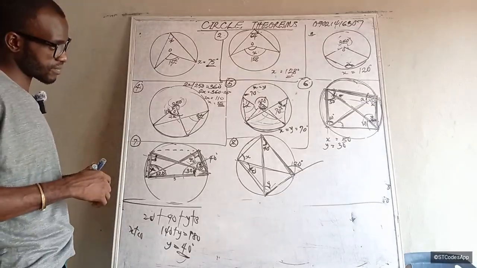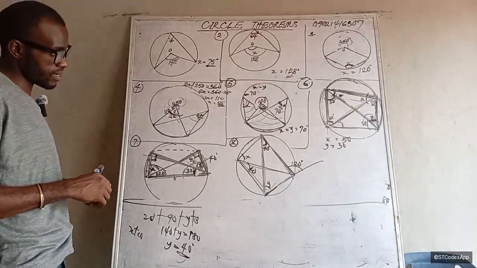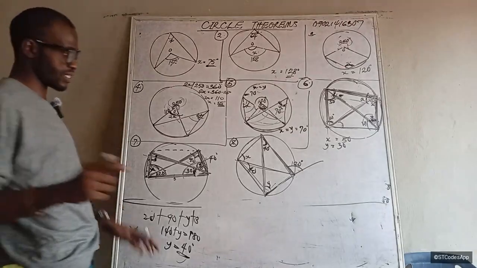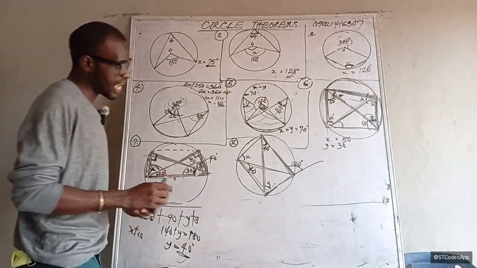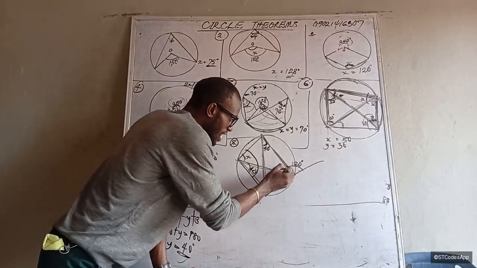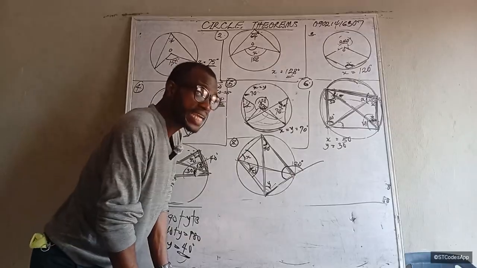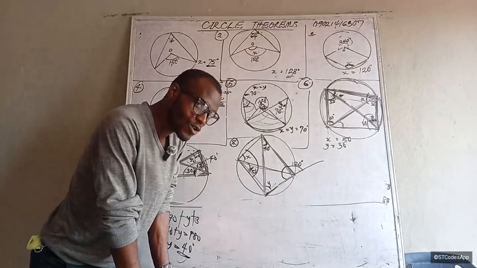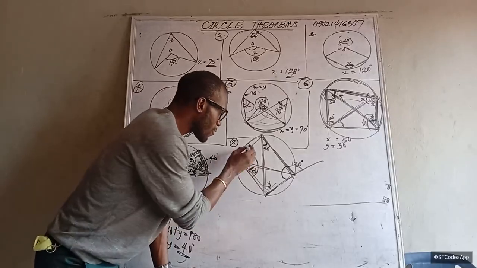Now, if that side is 40, watch. I know that in a cyclic quadrilateral, this place and this place will add up to 180, right? And of course, the opposite exterior angle will be equal to this place.